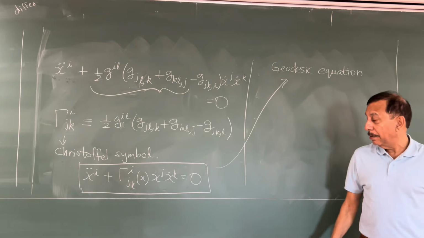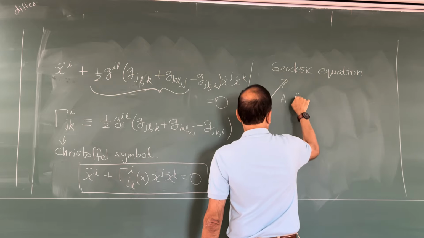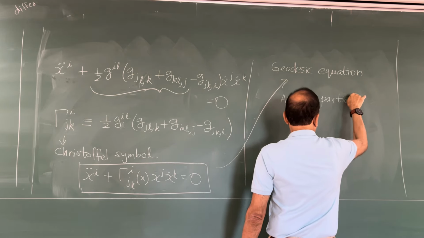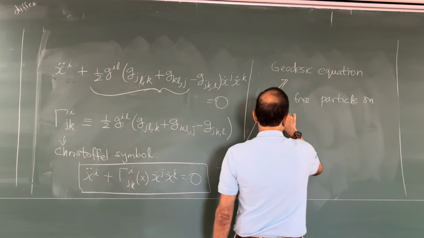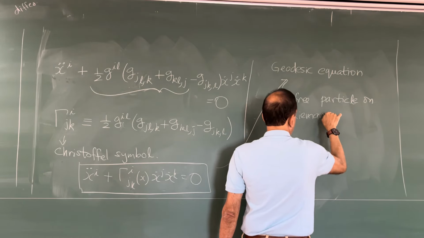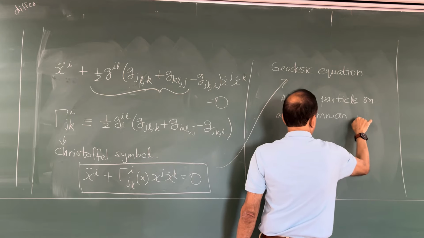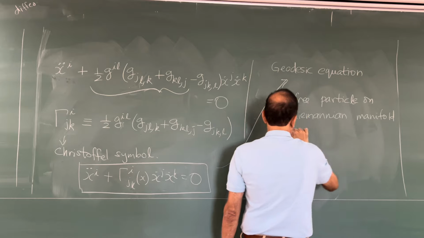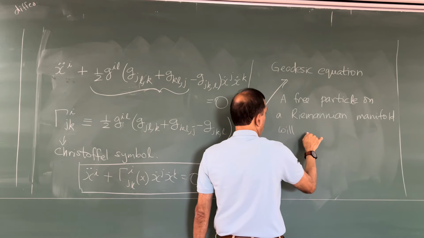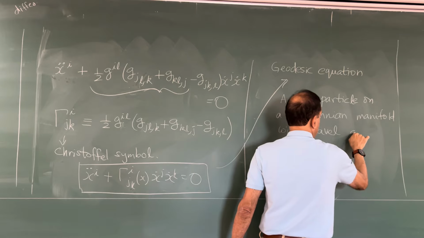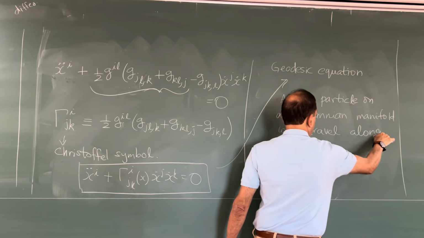And the statement is a free particle on a Riemannian manifold will follow the geodesic equation, will travel along geodesics. So that's the geodesic equation. Any solution of it will be called a geodesic.